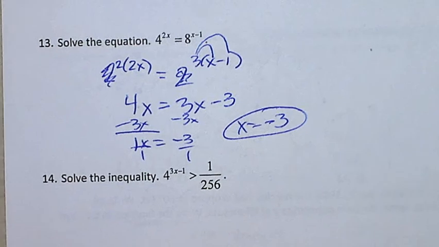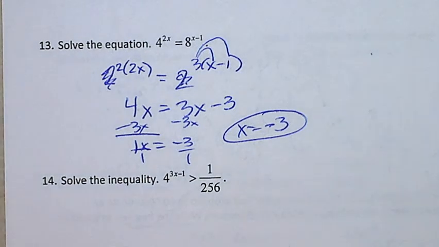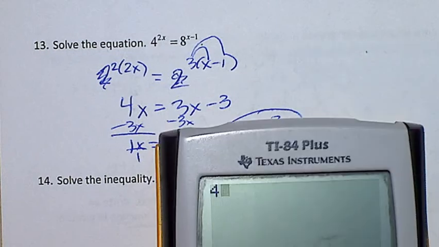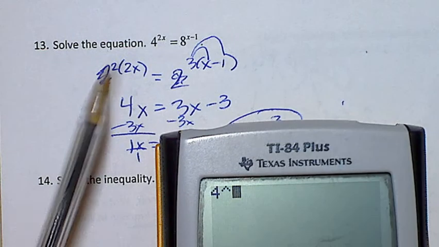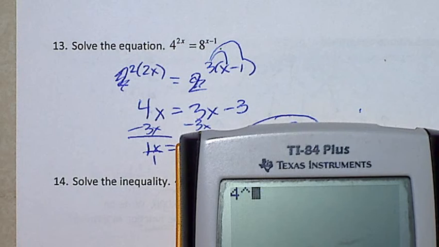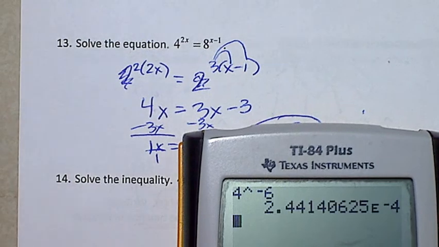Instead of plugging this in on your calculator, I'd like you just to watch me do it. So I'm going to go 4 raised 2, and I know that -3, which is my answer, times 2. Again, I know that -3 times 2 is -6. How many of you, when you see the E, does it confuse you? Okay, so this is scientific notation.